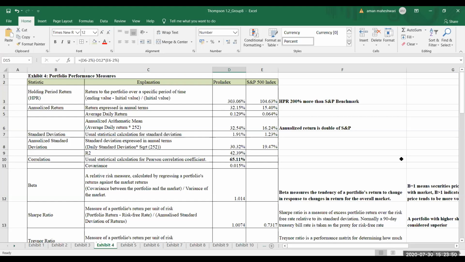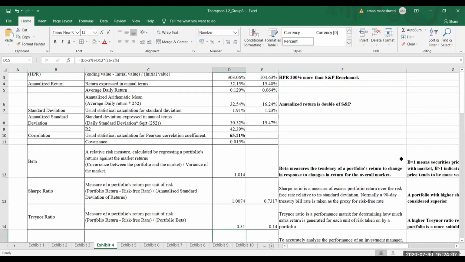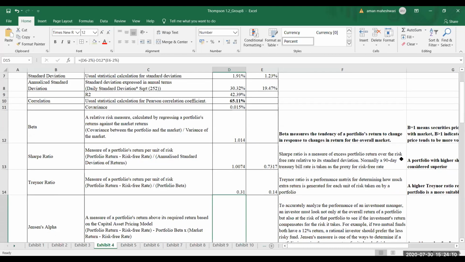Then you can have a look at our beta value, which shows how volatile our return is as compared to market return. Our value is very near to 1, which means that our portfolio's volatility is in alignment with market volatility. Then have a look at the covariance.